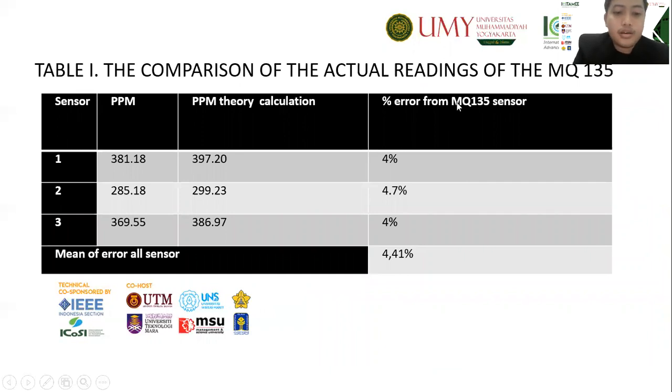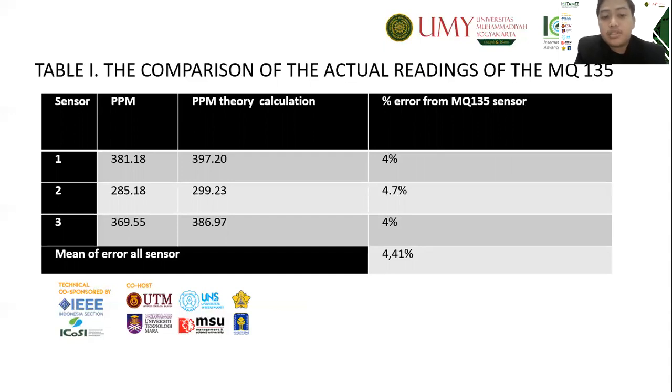Okay, this is the table of the comparison of the actual reading of the MQ135. So we used three MQ135 sensors in this study. The first thing was the calibration, which is done by determining the value of R0, which can be displayed with the program on a serial monitor.